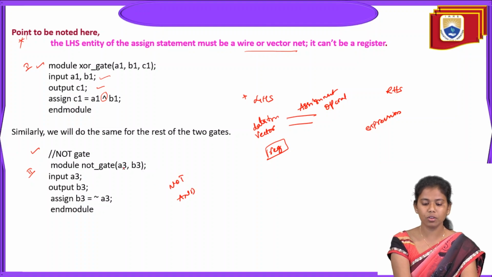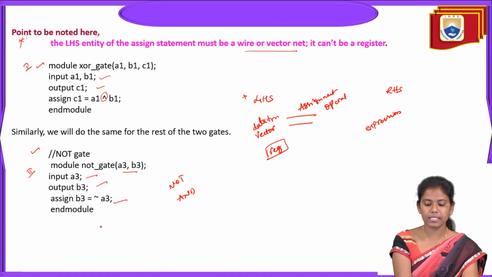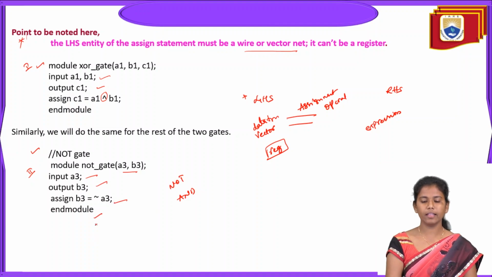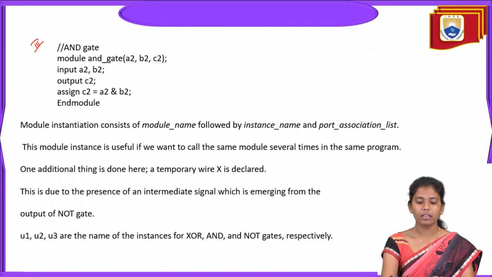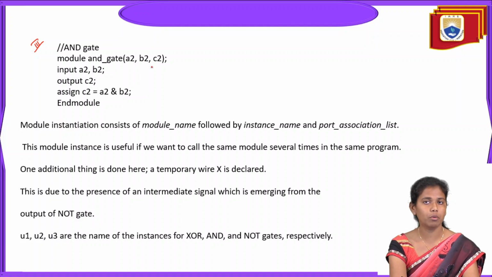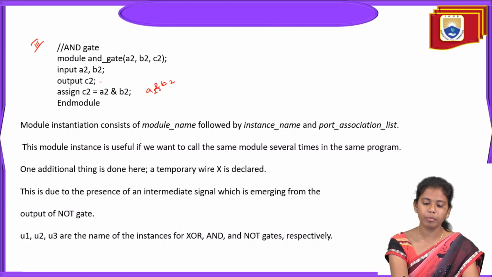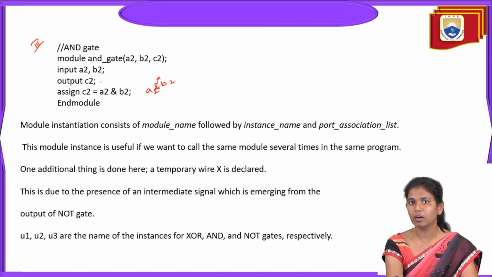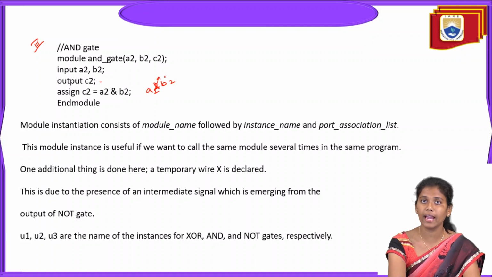For the NOT gate, we have input A3 and output B3, then assign, and then end module. Finally, for the AND gate: module AND gate with ports A2, B2, C2. My inputs are A2 and B2 and the output is C2. I write the output as assign C2 equals A2 AND B2. This is how we represent the AND gate, and then finally end module.